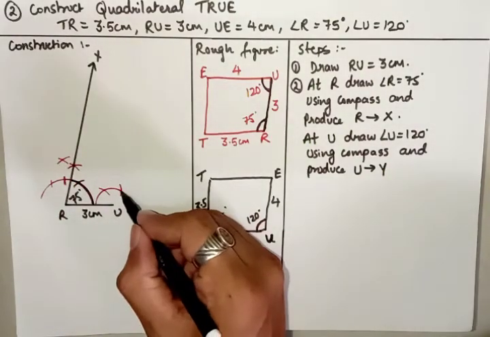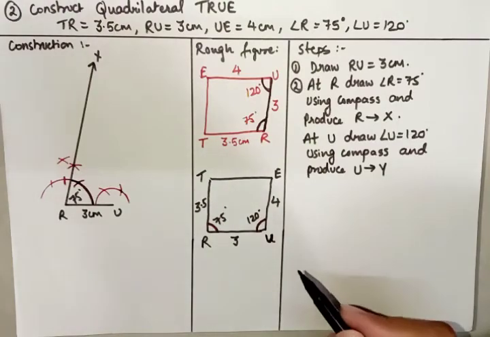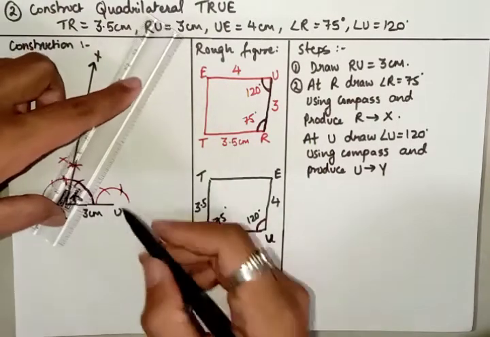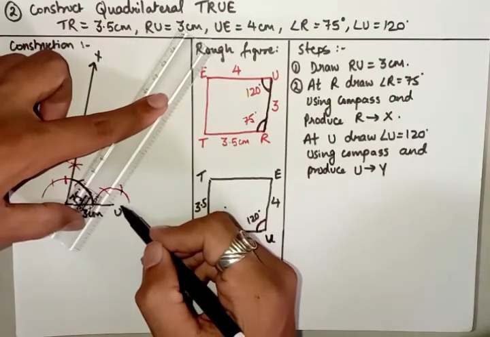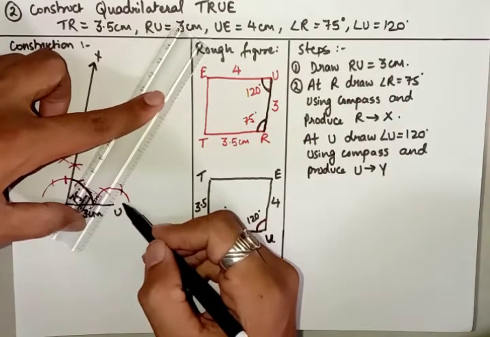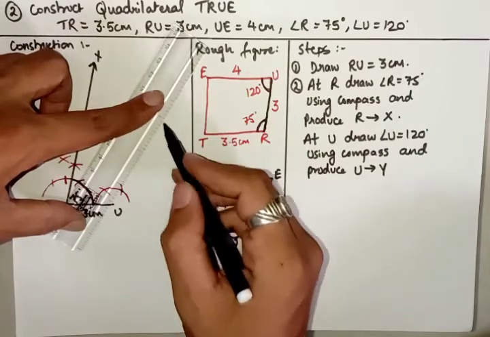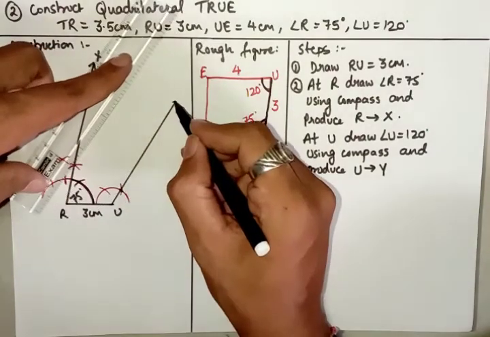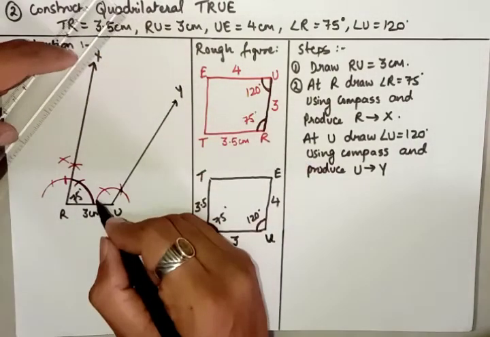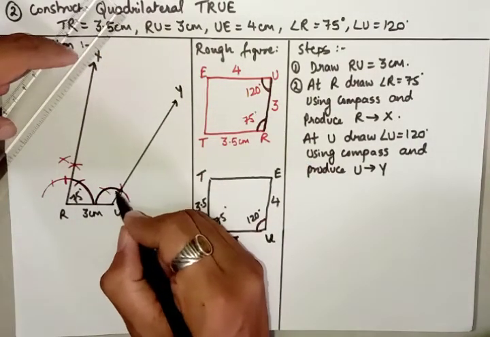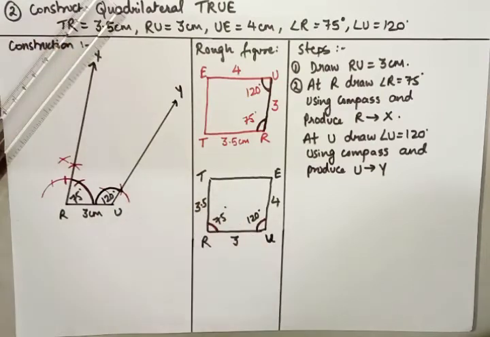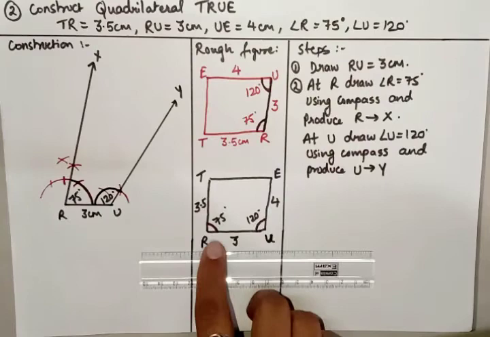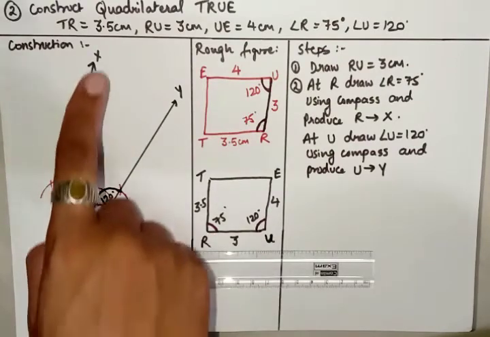So this is the point of intersection where measurement is 120 degree. So from U point, I am going to extend the line to Y such that this angle is equal to 120 degree, right? Now we have constructed at R angle 75 degree.